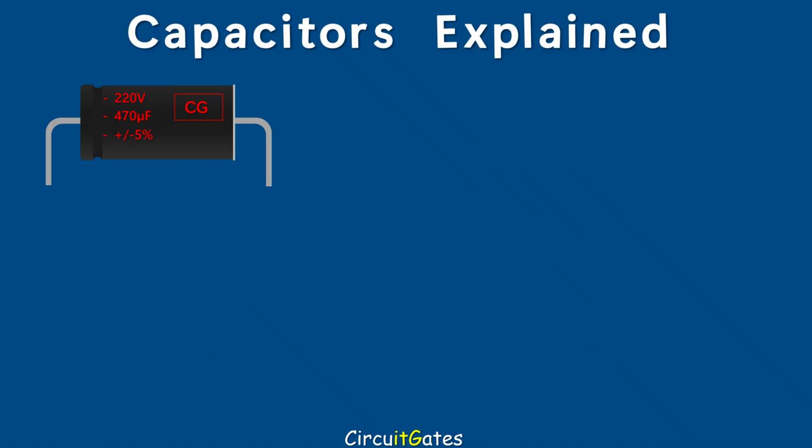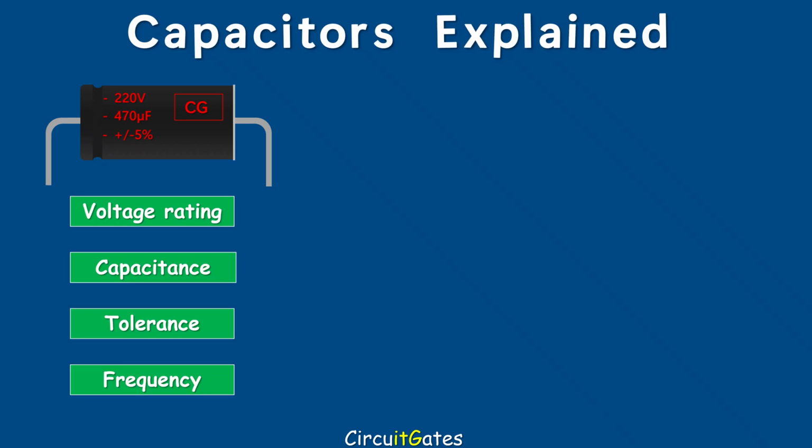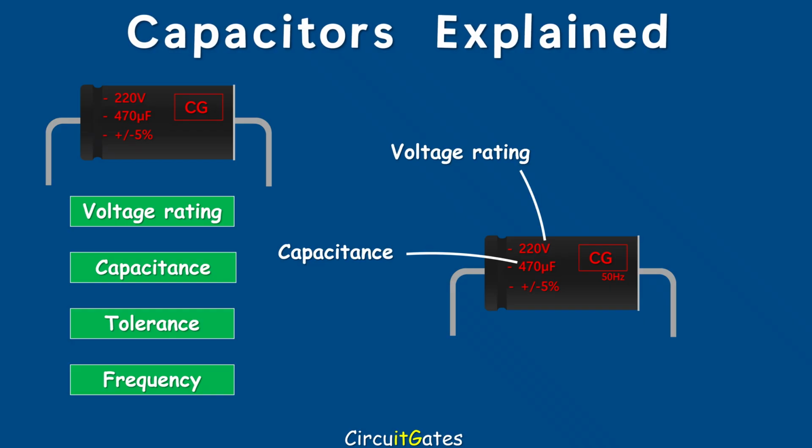When selecting a capacitor for a particular circuit, there are several factors considered so that the capacitor will operate as required. These factors include voltage rating, capacitance, tolerance, and frequency if it is used in an AC circuit. These ratings are usually printed on its surface.